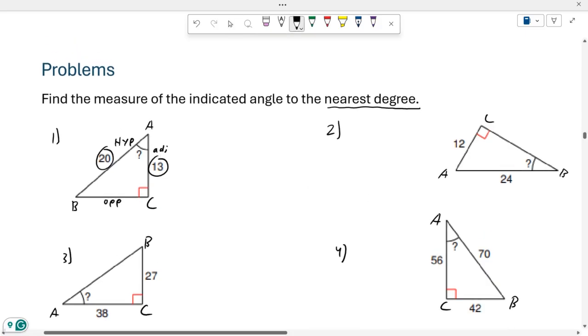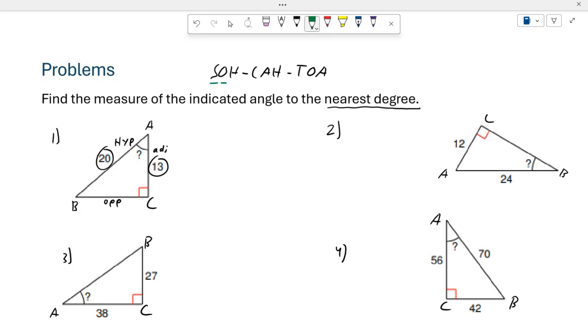As a reminder, if you are struggling to remember the definitions for sine, cosine, and tangent in a right triangle, we have this handy thing that, for whatever reason, helps people to remember our definitions. The definition for sine is opposite over hypotenuse. The definition for cosine is adjacent over hypotenuse.